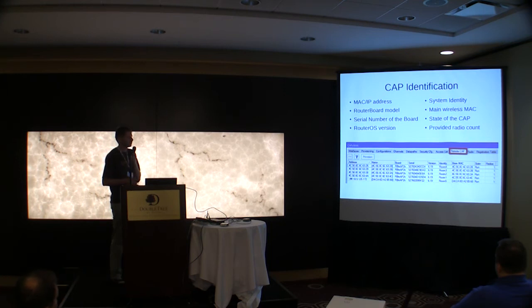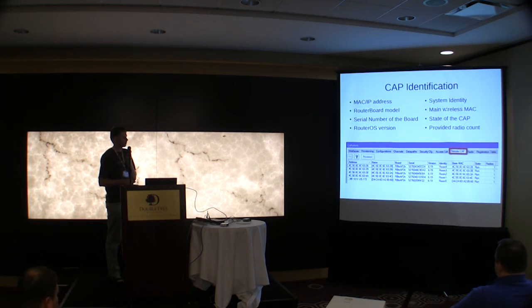Then you see system identity. This is the main thing that you usually remember, that you have specified before you deploy your cap, that it's located in room 4, 3, or 5. For example, here. So you know which MAC address or which interface or which cap has which identity.